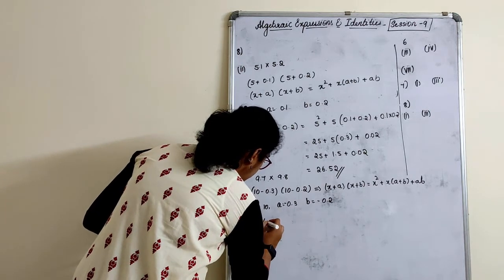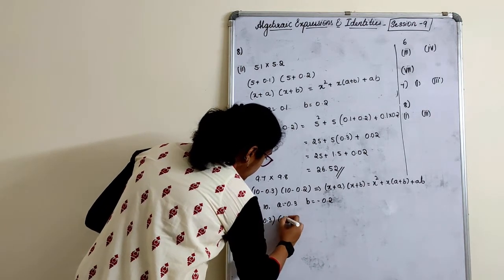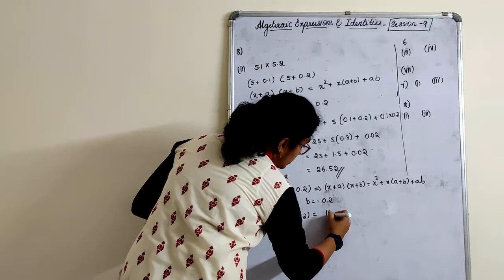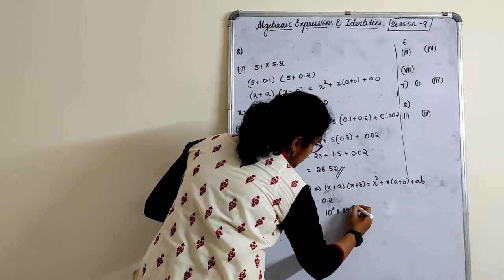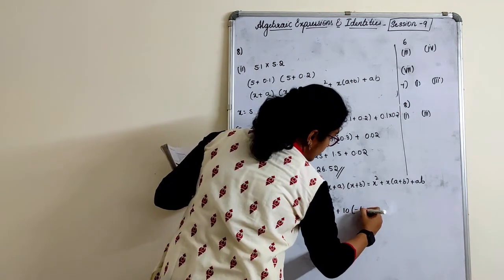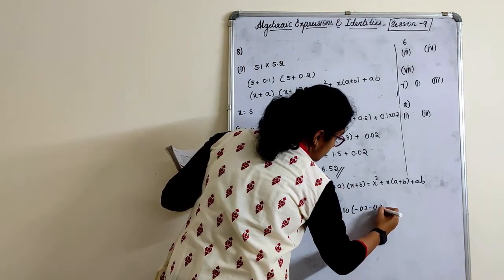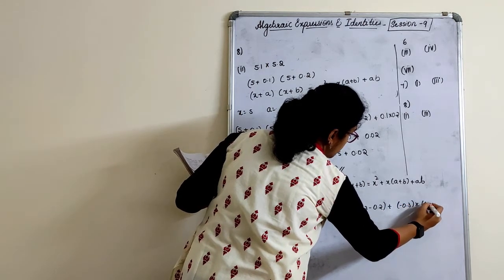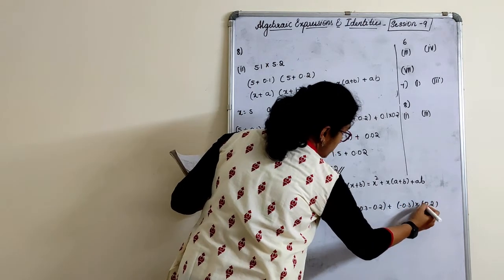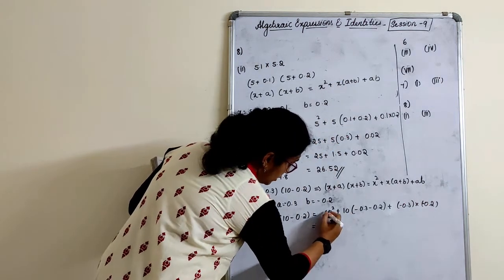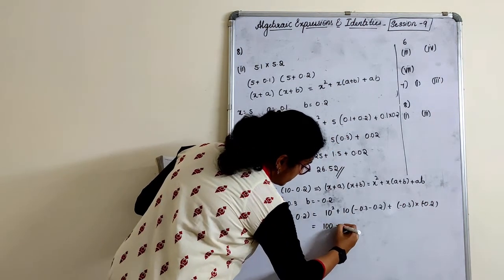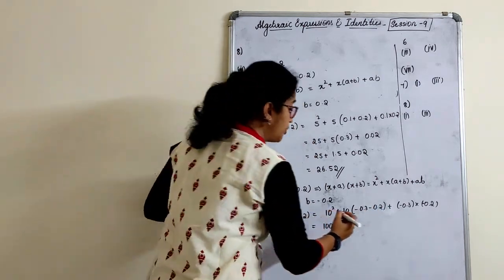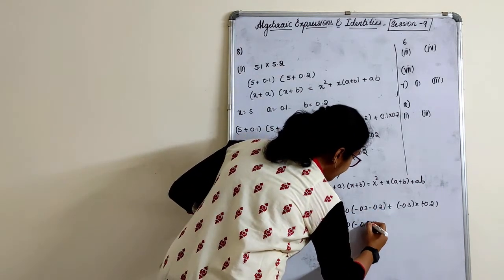So 10 minus 0.3 of 10 minus 0.2 is equal to 10 square plus 10 of minus 0.3 minus 0.2 plus minus 0.3 into minus 0.2, which is equal to 10 tens are 100 plus 10 of minus 0.3 minus 0.2, minus 0.5.